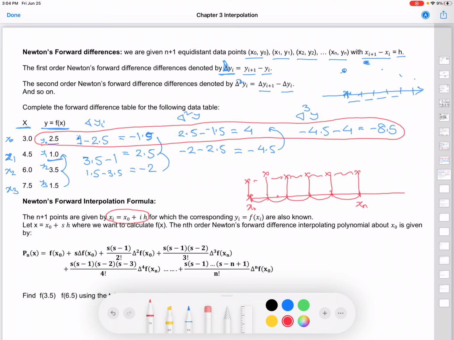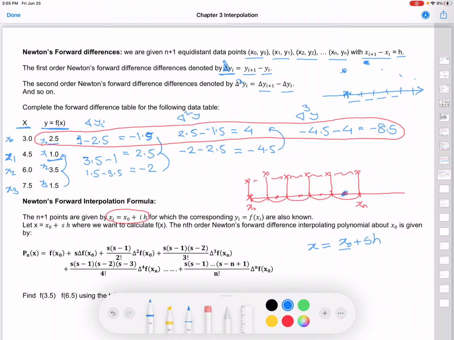Suppose you have a point somewhere between them and you want to calculate the function value at that point. Suppose this point, where we don't know the value, can be written as x0 plus sh. We don't know what that s is. So x is equal to x0 plus sh.